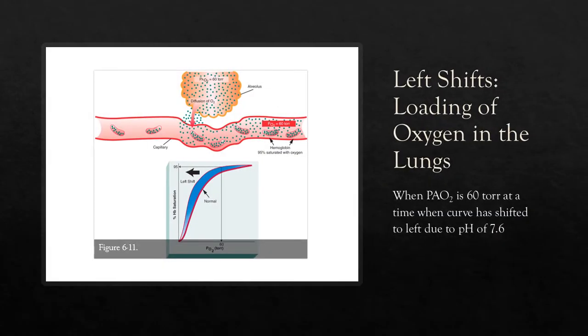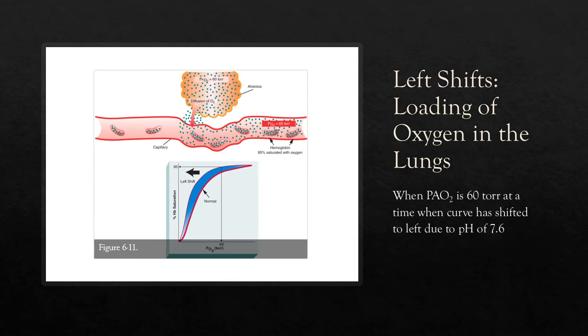When the alveolar oxygen is 60 torr at a time when the curve has shifted to the left due to alkalosis, this is pictured in figure 6-11 in your book and here on the screen.